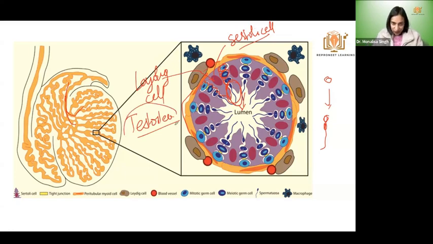So spermatogenesis requires testosterone. It requires the presence of Sertoli cells. Leydig cells secrete testosterone. What is the stimulus for secretion of testosterone? Why do Leydig cells secrete testosterone? We'll see that also. Sertoli cells support spermatogenesis, as we saw.